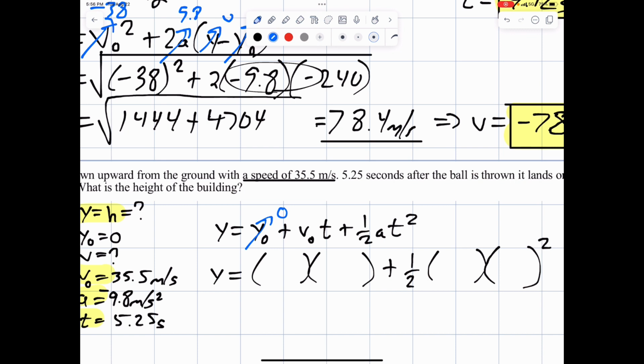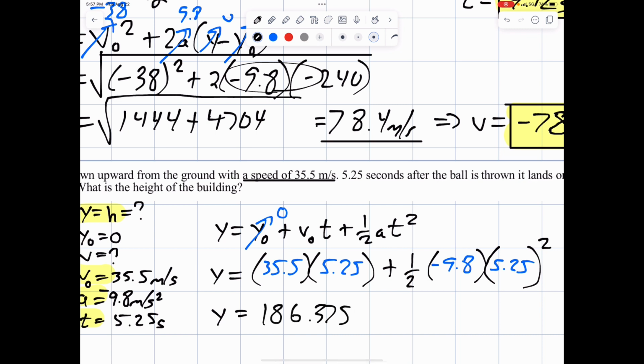Okay, so v naught would be 35.5 times t, 5.25. a is negative 9.8, and then t again is 5.25, but we have to square it. So let's go 35.5 times 5.25, and we get 186.375 meters.